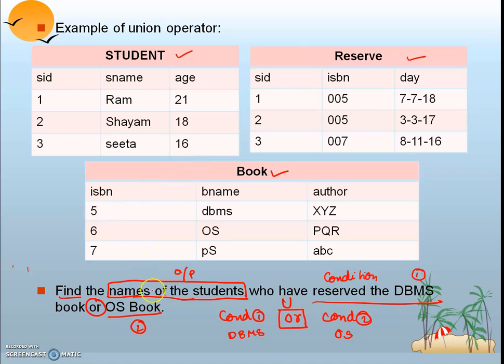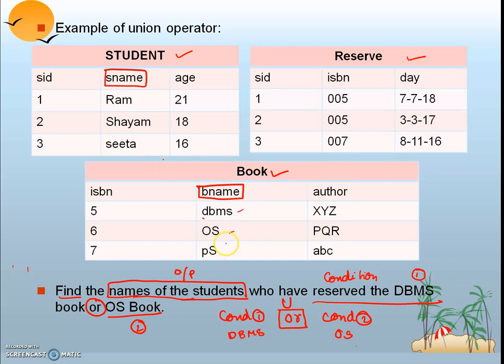So where can I find the name of the student? In which table? The name of the student I find in the student table, isn't it? Next, where can I get the reserve data or the book data? This book data I find in the book table, that is B name, where I find DBMS and OS.